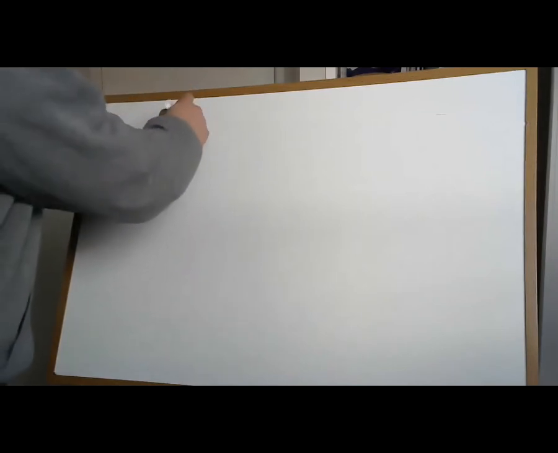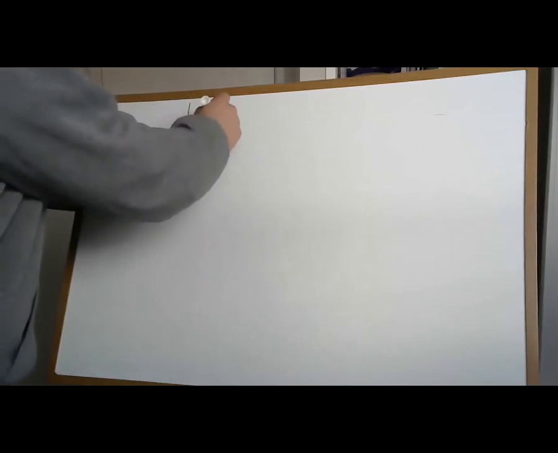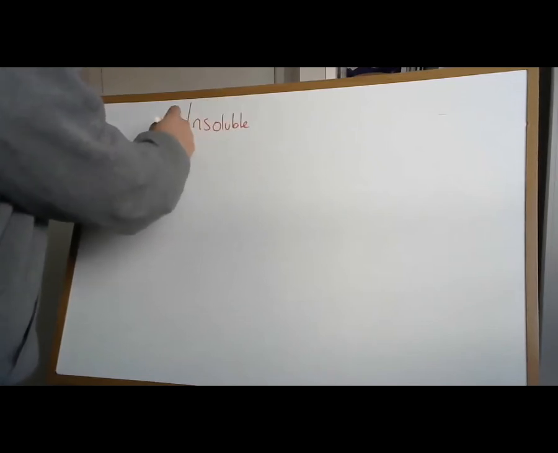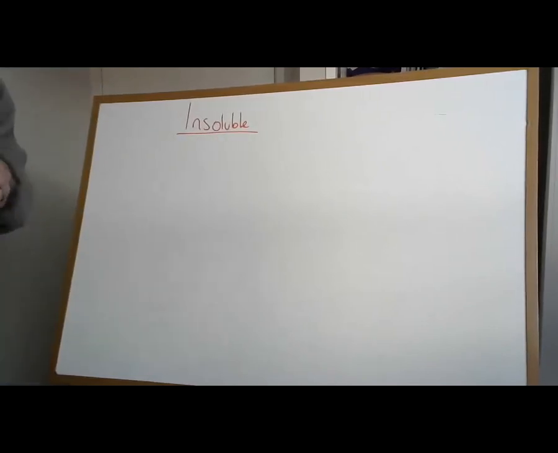So looking at this slide that says rule of thumb, we look at like dissolves like. We have this term insoluble, and this refers to things that cannot dissolve.